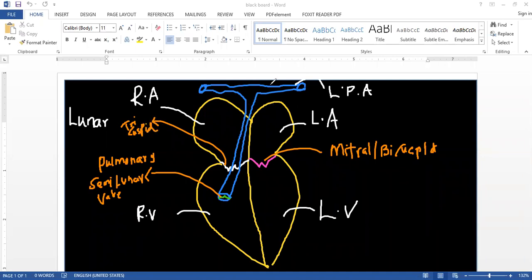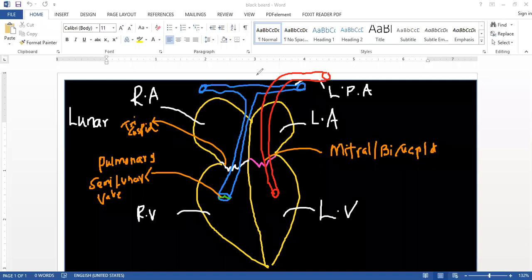Also there is another important tube, which starts from the left ventricle. That is the aorta, or we can say systemic artery.